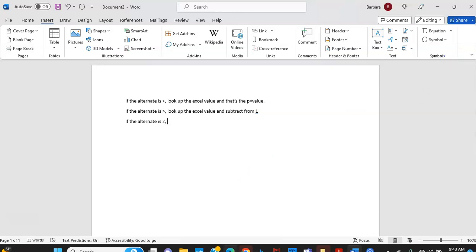Not equal to, then if the test statistic, sorry, my dog is making all kinds of noise in the background, if the test statistic is positive, look up the Excel value, subtract from 1 and double it.